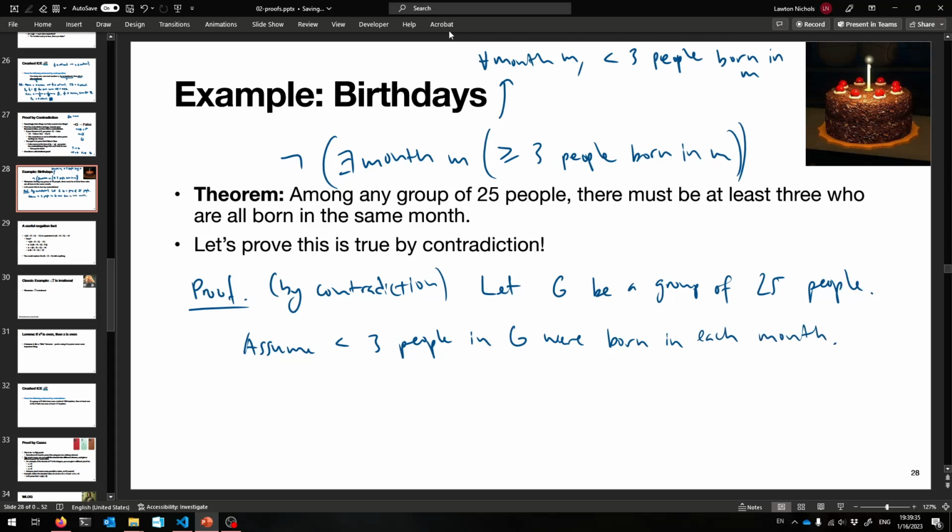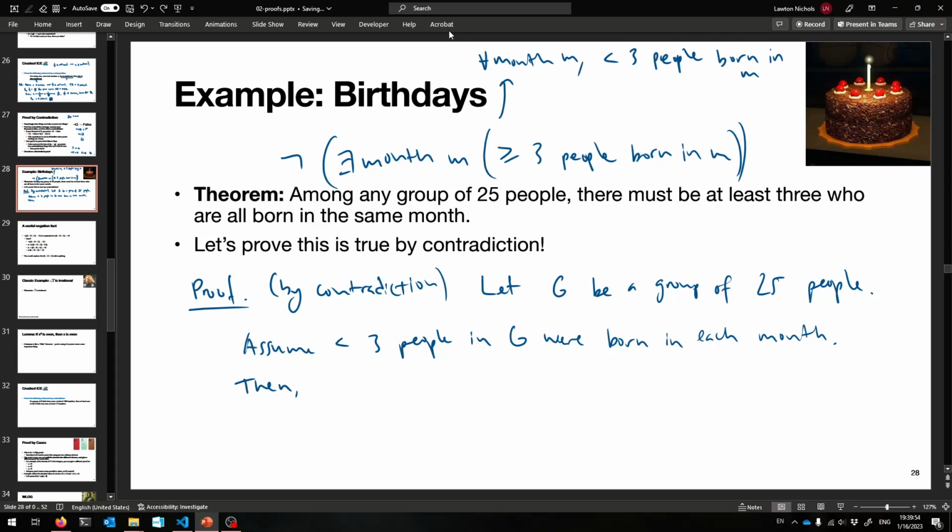All right, then can you see how you might derive a contradiction, something that doesn't make sense out of this? Think about it long enough. Then, if that's true, then the maximum number of people in G is bounded by this idea. There's 12 months, right? And there's less than 3 people born in each month.